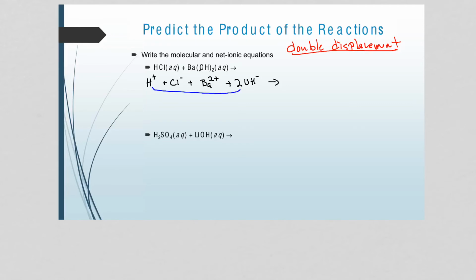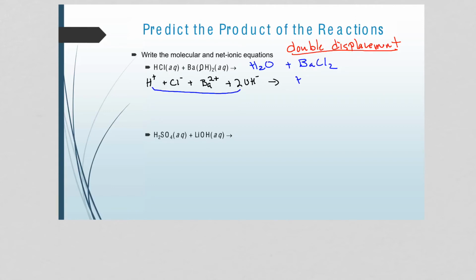So the H plus is going to combine with the hydroxide, and we're going to form water. And then we have the other two, the second positive ion combined with the first negative, so the barium and the chlorine combine. We have a 1 to 2 ratio that we need. So we're going to write the formula as BaCl2.